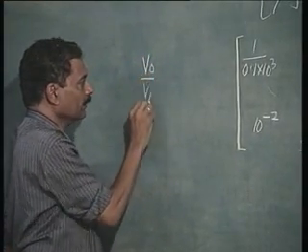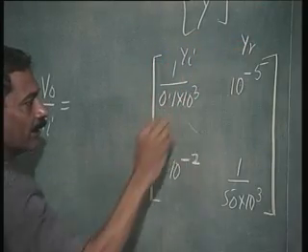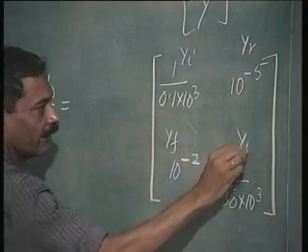Let us first evaluate the voltage gain for this. V0 over Vi, this is Yi, this is YR, this is YF, this is Y0.